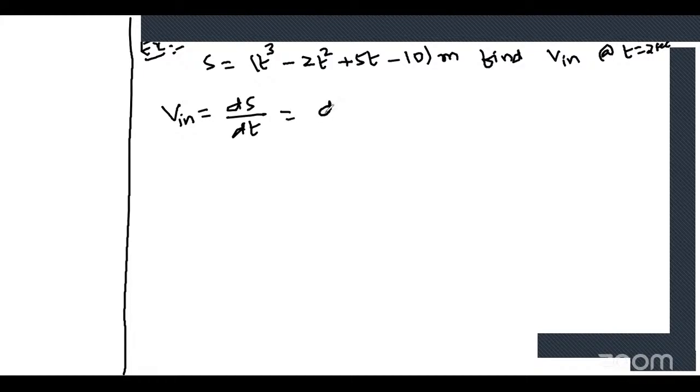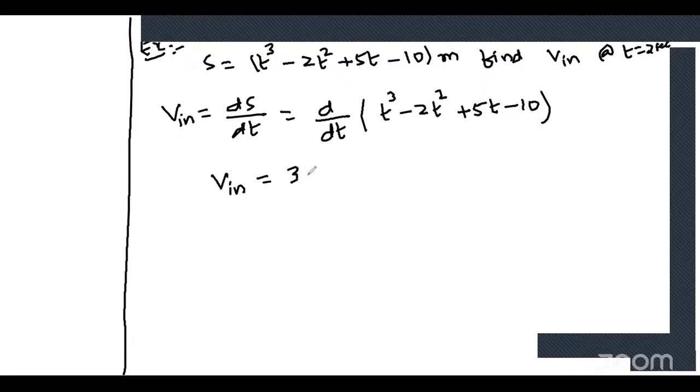That is d by dt of t cube minus 2t square plus 5t minus 10. Upon differentiation, we'll get 3t square minus 4t plus 5, because 10 is a constant, and d by dt of a constant is 0.